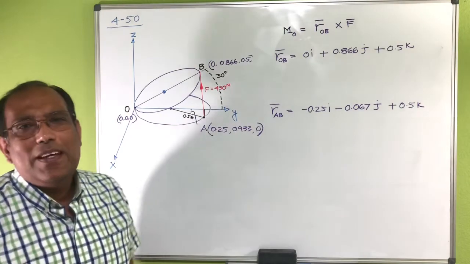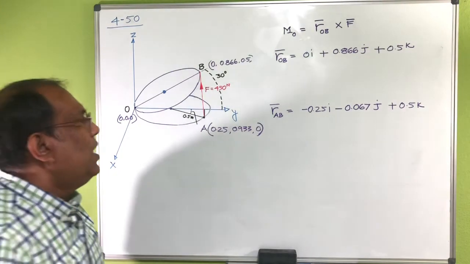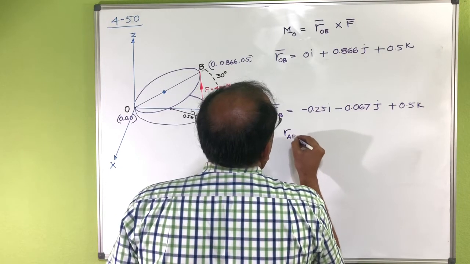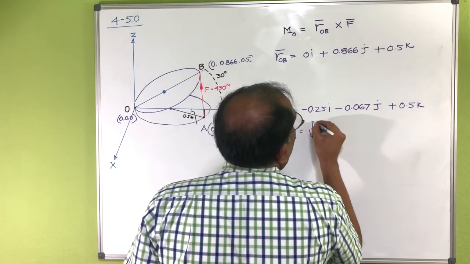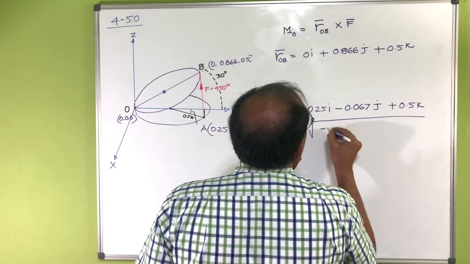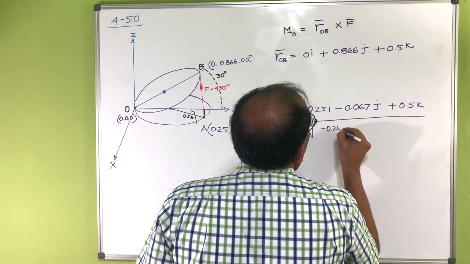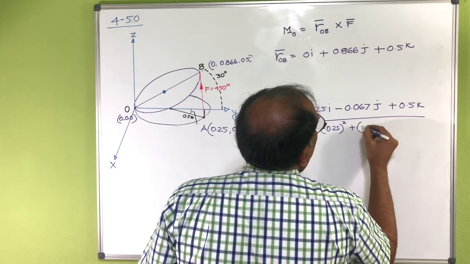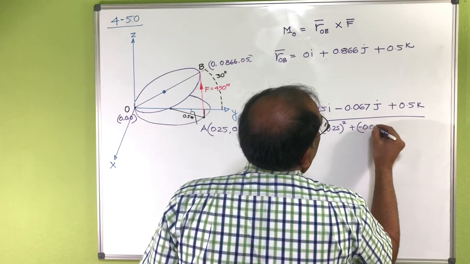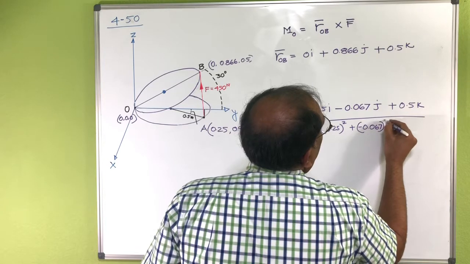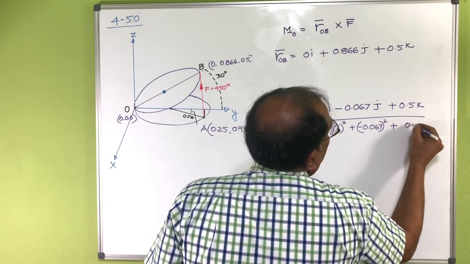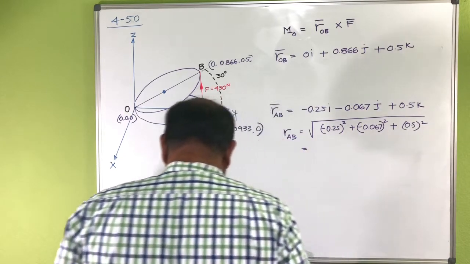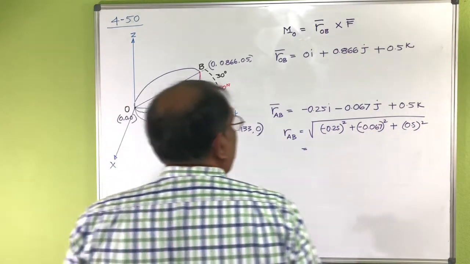Okay, now let's find out the magnitude of that position vector. So RAB, that's actually 0.563.